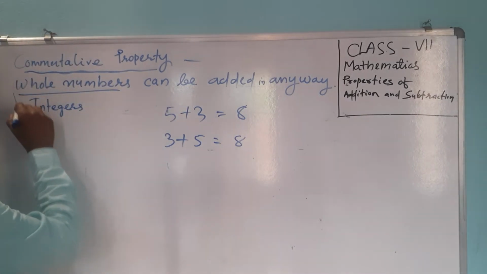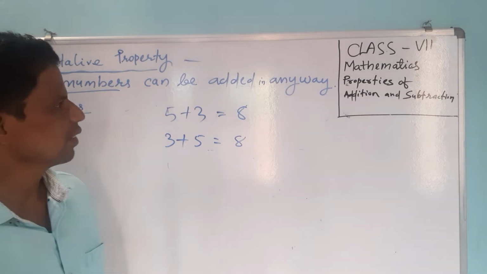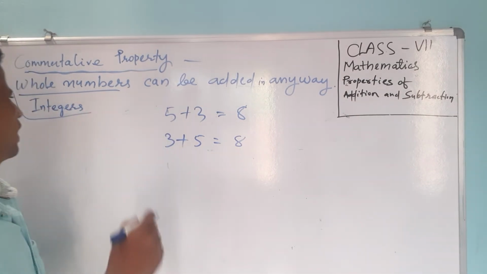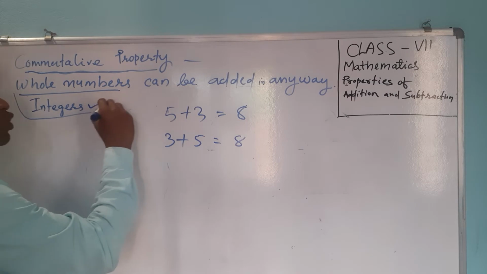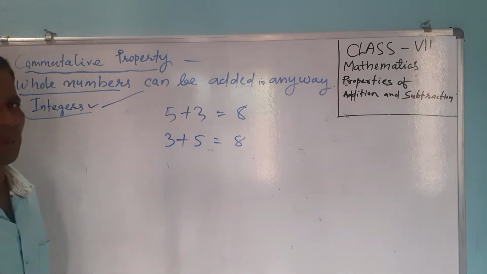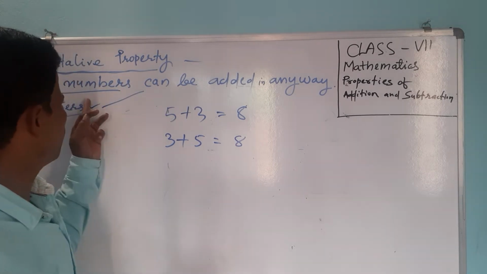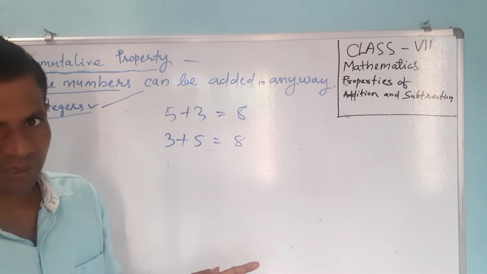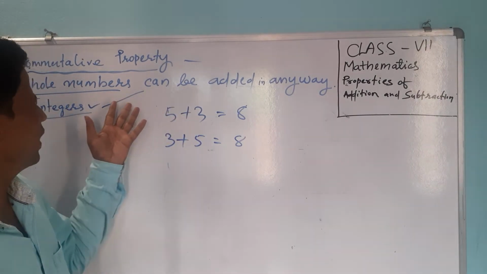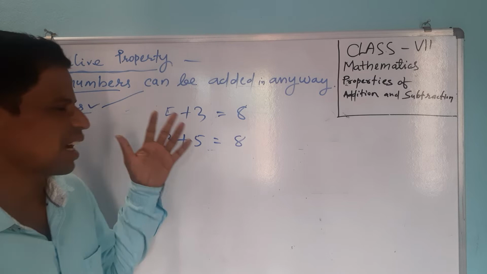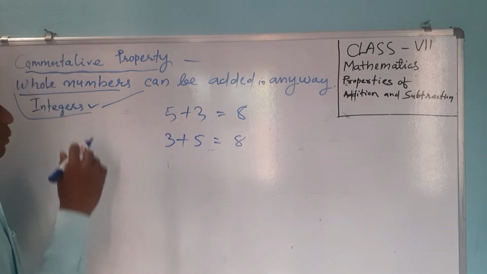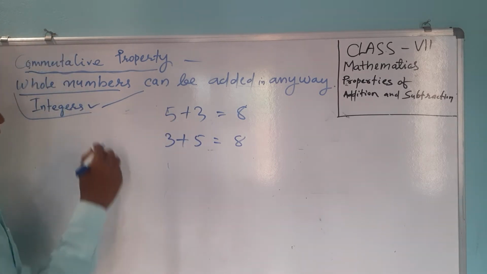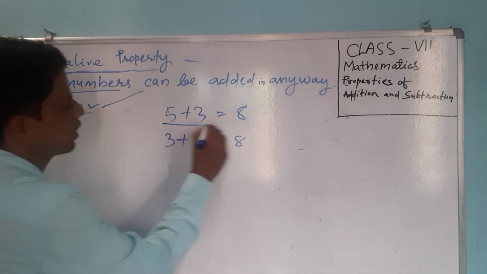So we are learning the properties of integers. That's why integers also follow the commutative property. We know whole numbers follow the commutative property, and integers also follow the commutative property. This is in case of addition.